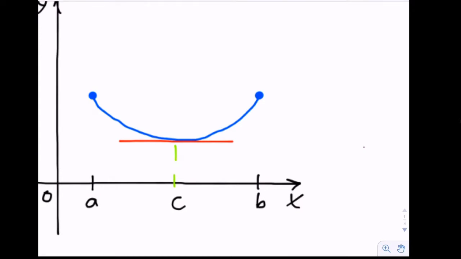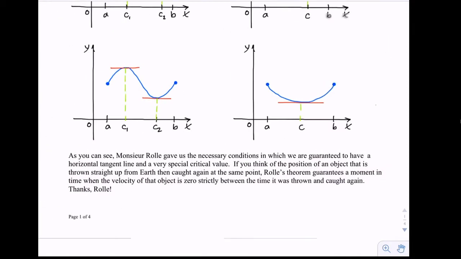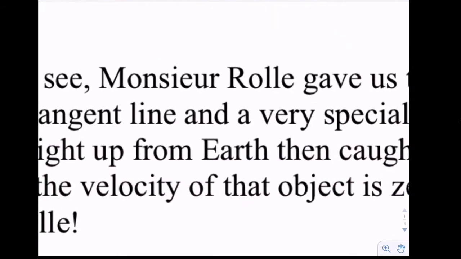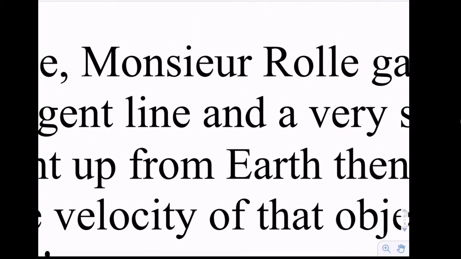What do all three of these functions have in common? The if parts. What are the three if parts? Continuous on a closed interval, differentiable in the open, same y values at the endpoints. Okay, good.